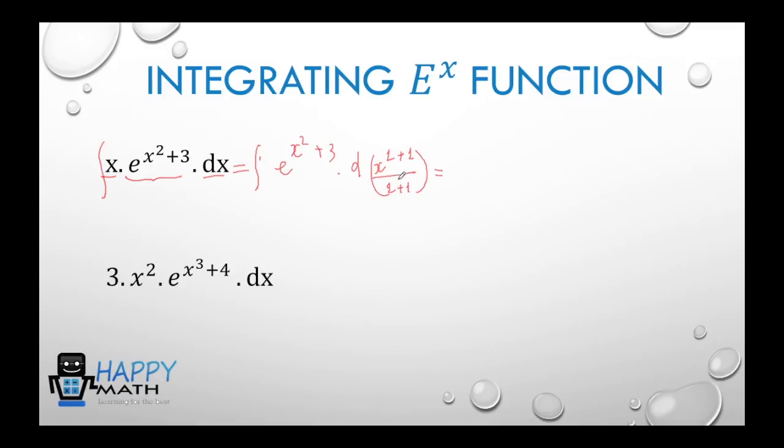Okay, so in this one, 1 over 2 is a scalar factor. It moves outside of the integrating. And the power here becomes h squared plus 3. And the outside derivative will be unchanged because the plus 3 is a constant number.